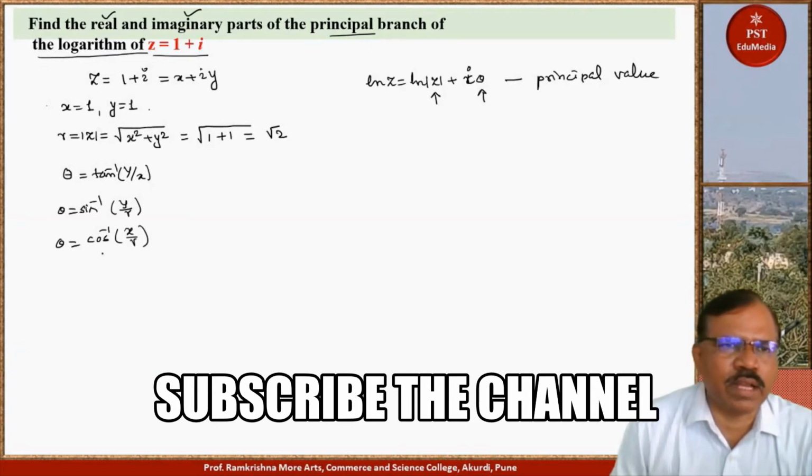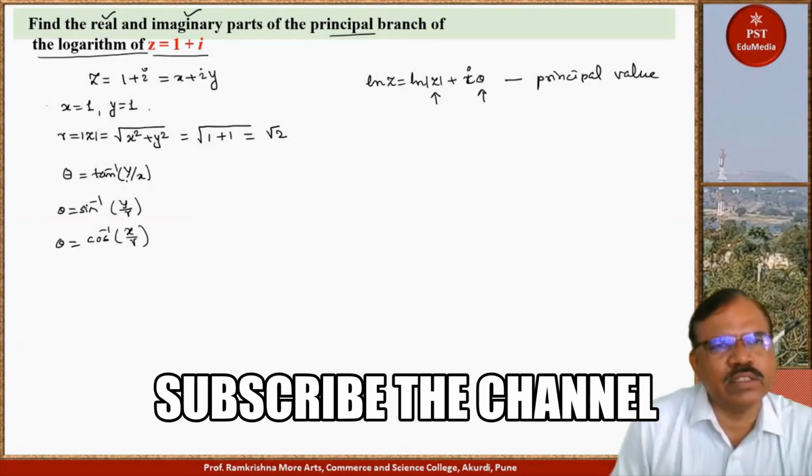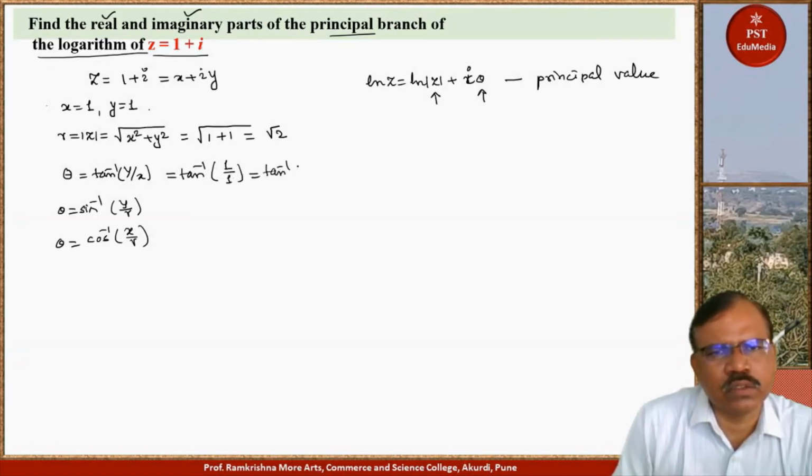By any way you can find it. If we take theta equal to tan inverse y by x, we get tan inverse 1 upon 1, that is tan inverse 1, and tan inverse 1 is pi by 4.